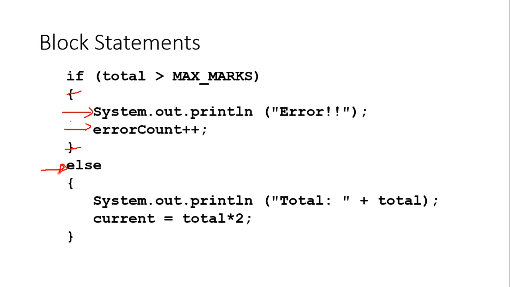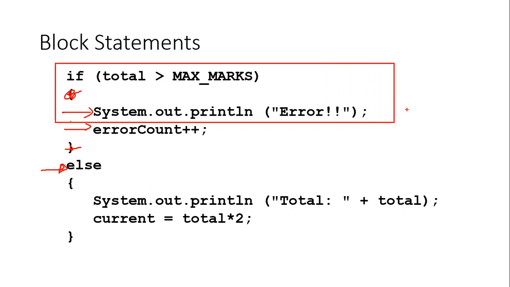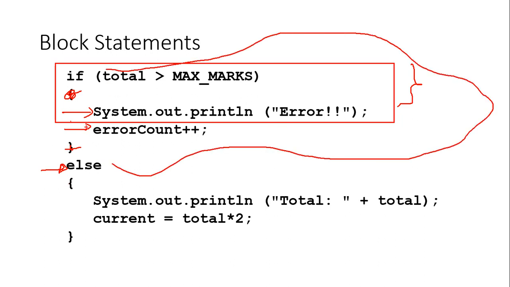Because when you don't put the flower bracket here, the if block ends here. The next statement is considered a separate statement, and is in no way connected to the if statement, because you have terminated the if. So be careful with how you put the flower bracket.